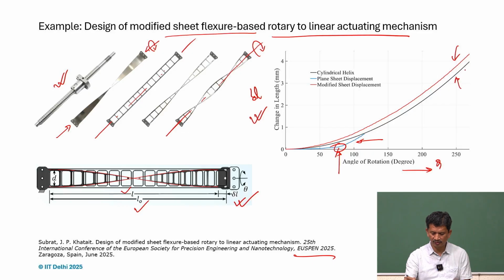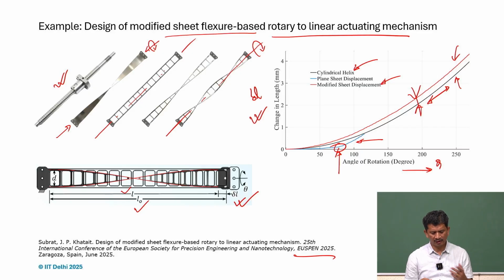We can compare these two. This one is the ideal one just based on the geometry, because it's deforming in a helix, so we compare with the modified one. And of course, since there is preloading, we can always have some straightness, so that's why we see a difference here. But what we realize is that it's all an elastic mechanism, so it should be repeatable. It doesn't matter whether we are going upwards or downwards. There should not be any hysteresis.